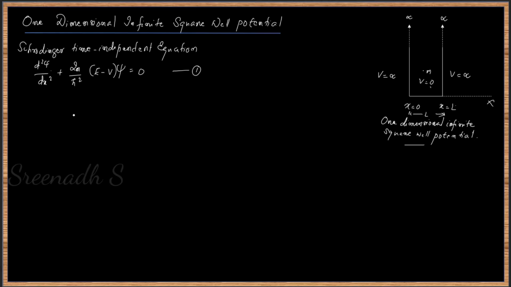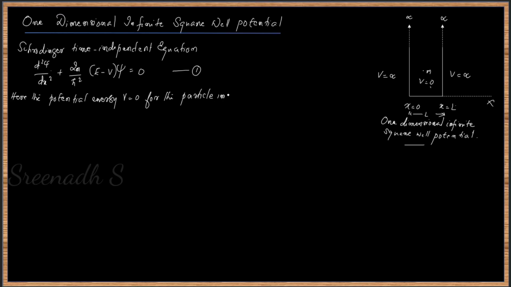Since here the potential energy V is equal to 0 for the particle inside the box, we can drop the V term.